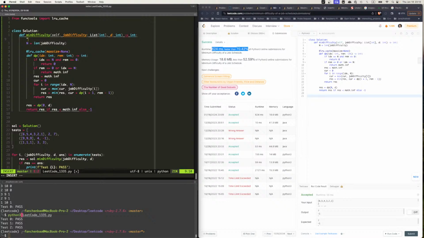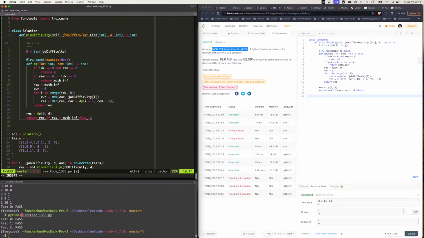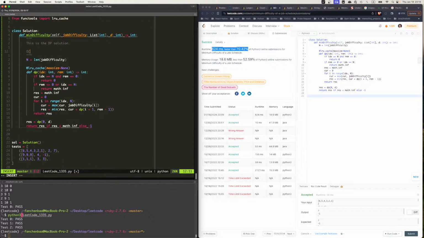So this is the DP solution, and it's ND, right?